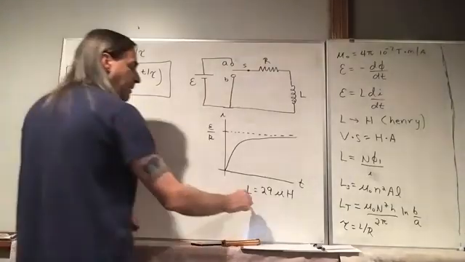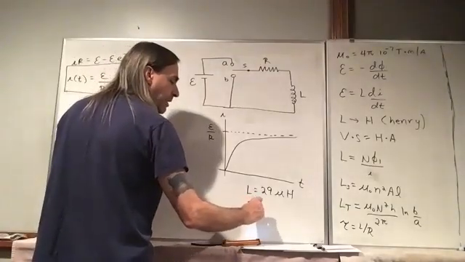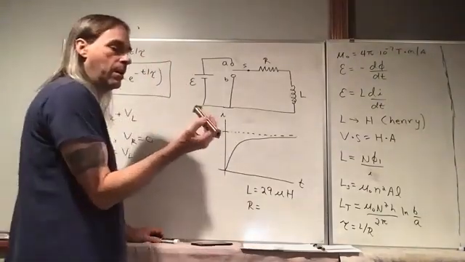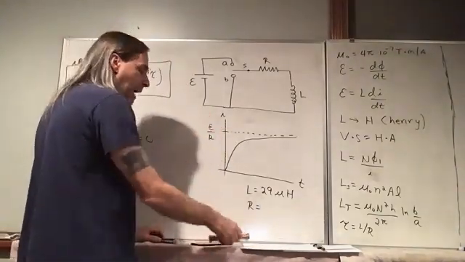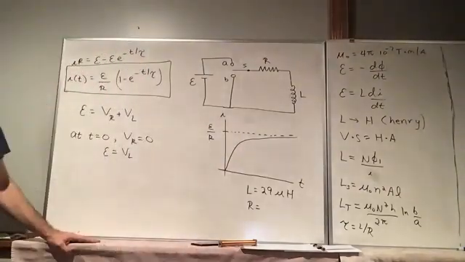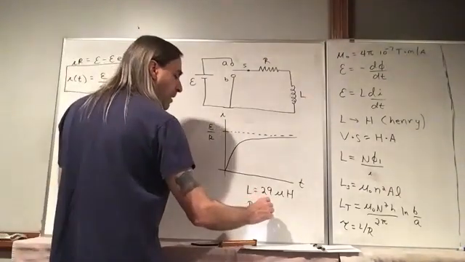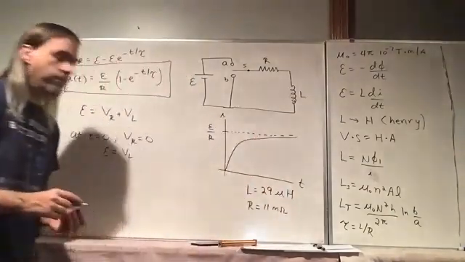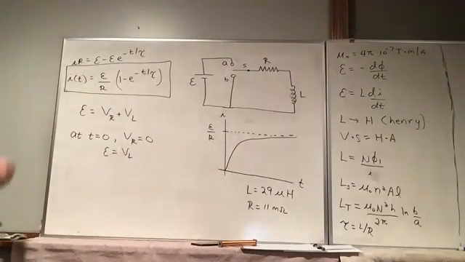Let's say we don't actually put in a resistor, so we just have the resistance of the solenoid itself plus whatever wires are connected to the battery. Let's say the resistance is 11 milliohms. So first, let's calculate the time constant.